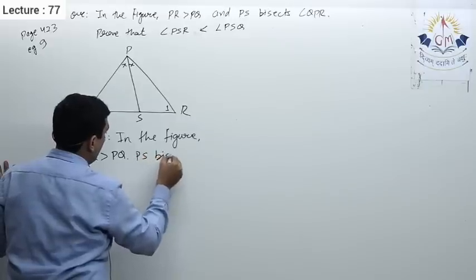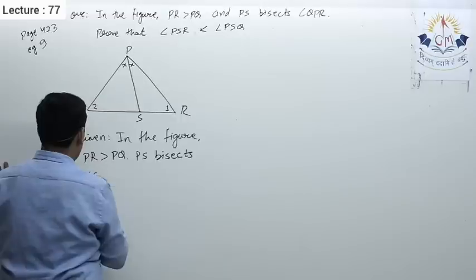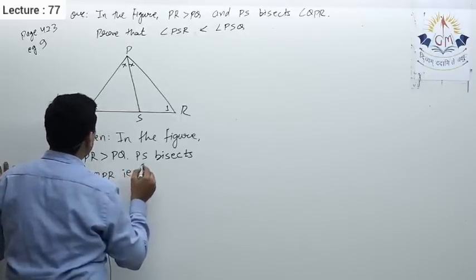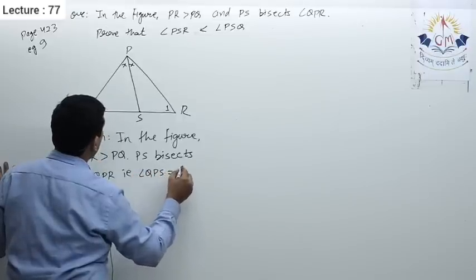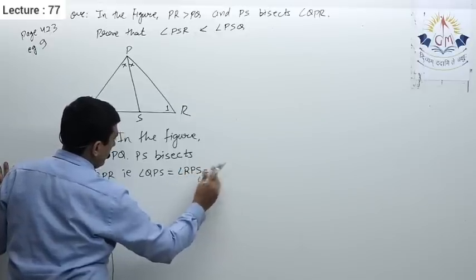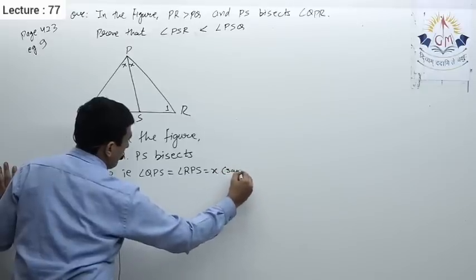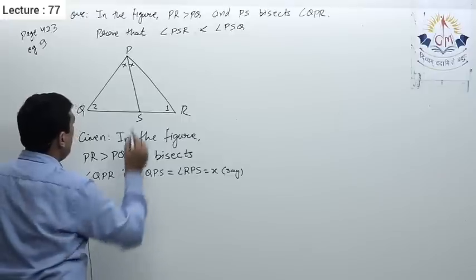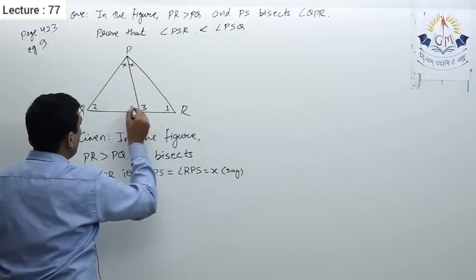PS bisects angle QPR, that is, angle QPS is equal to angle RPS, and they are equal to X. What we have to prove is angle PSR, that is angle 3, and PSQ, that is angle 4.